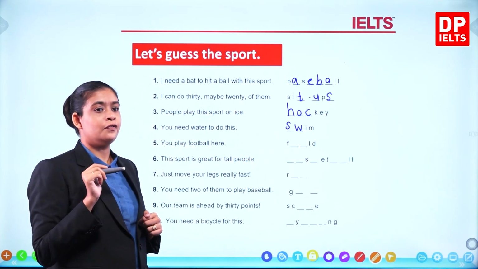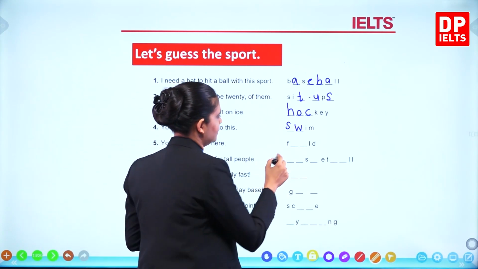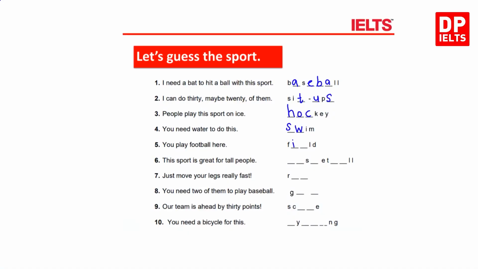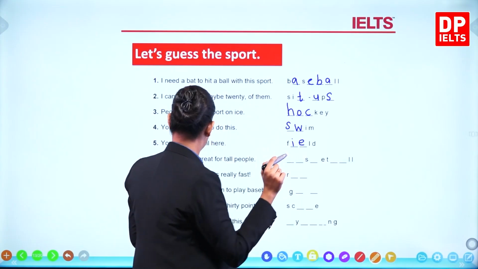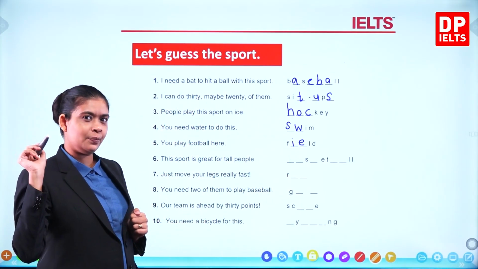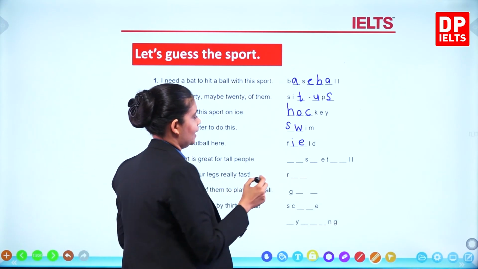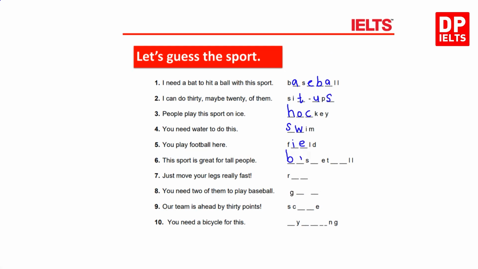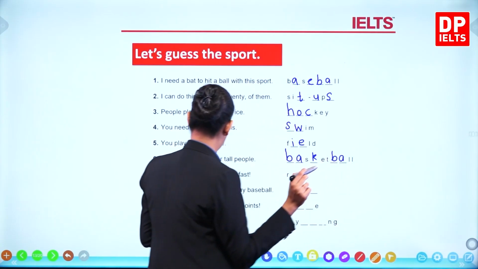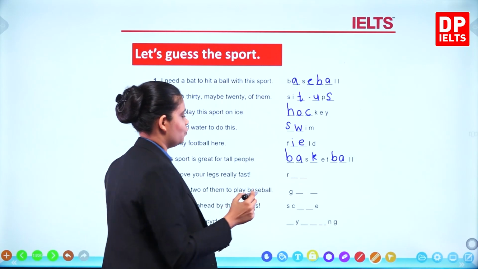You play football here and what is that? That is a field. This sport is great for tall people. When you're really tall, this is a nice sport. What is that? Basketball. Just move your legs really fast. Run.